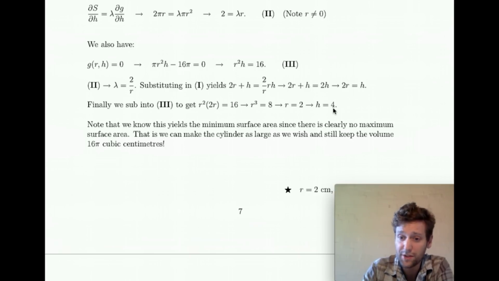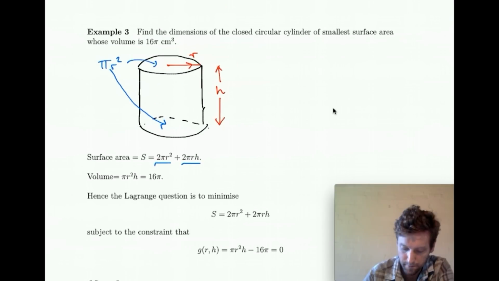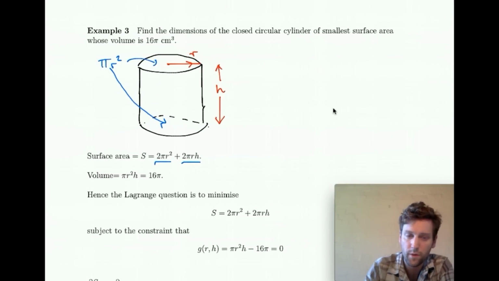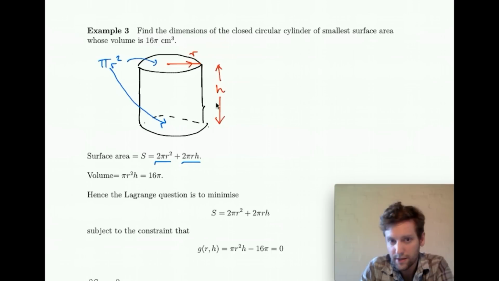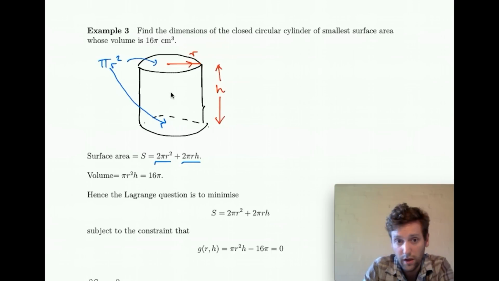Now the question again is, we've only got 1 point, so are we looking at the maximum or the minimum surface area? Well, again, thinking about it geometrically, we can always make this thinner and thinner, and longer and longer, so that it has more and more surface area but a constant volume.